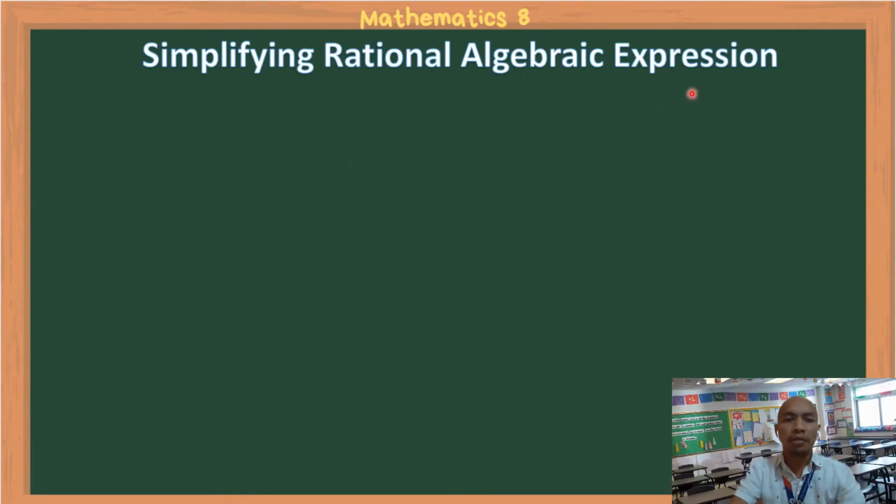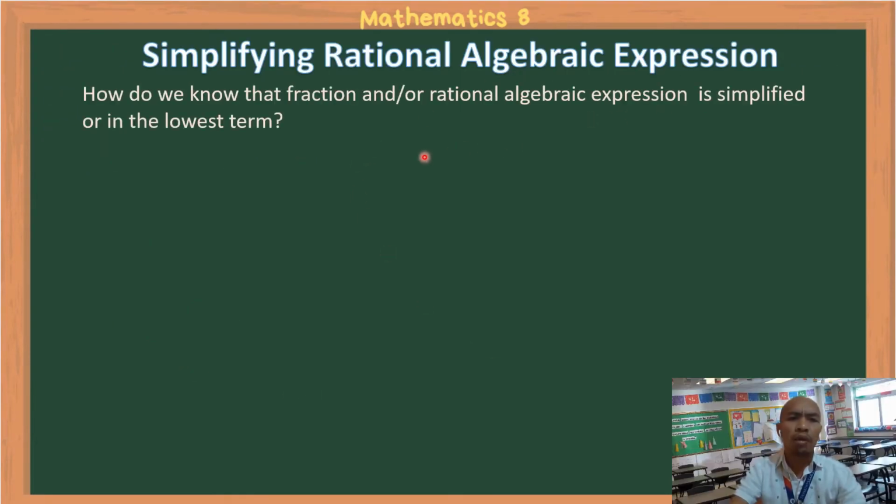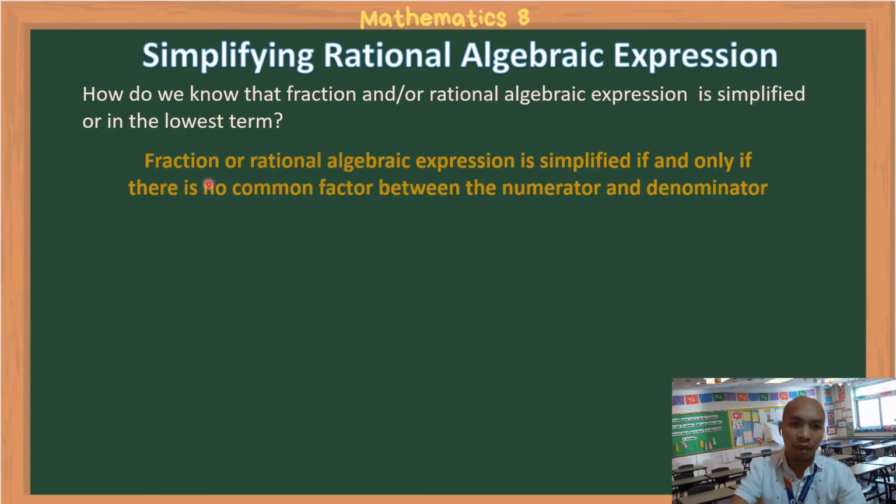Simplifying rational algebraic expression. How do we know that a fraction or rational algebraic expression is simplified or in the lowest term? A fraction or rational algebraic expression is simplified if and only if there is no common factor between the numerator and the denominator.